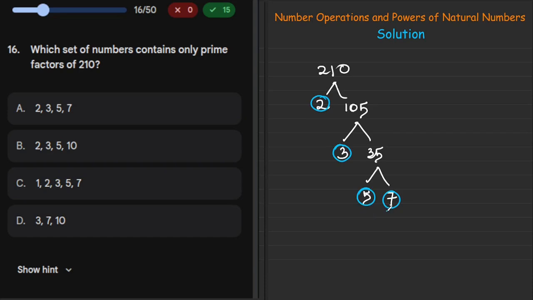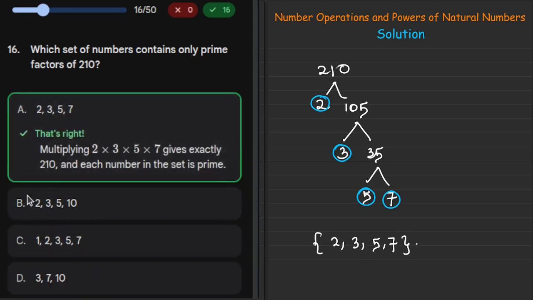So the set of prime factors of 210 then becomes a 2, a 3, 5, and then what? 7. So let's go to our options and see which one satisfies. So we have 2, 3, 5, and 7. That is A. And that is just it.